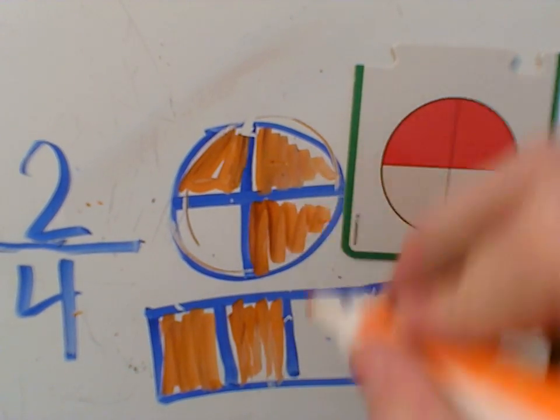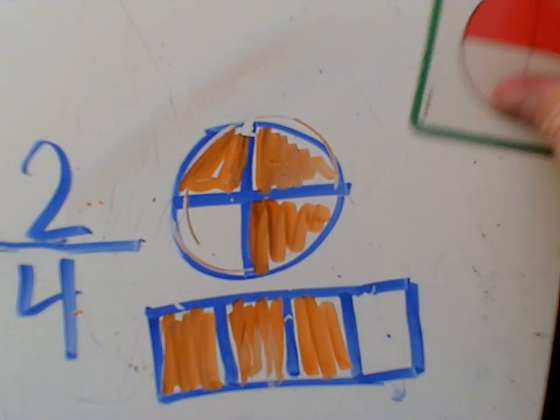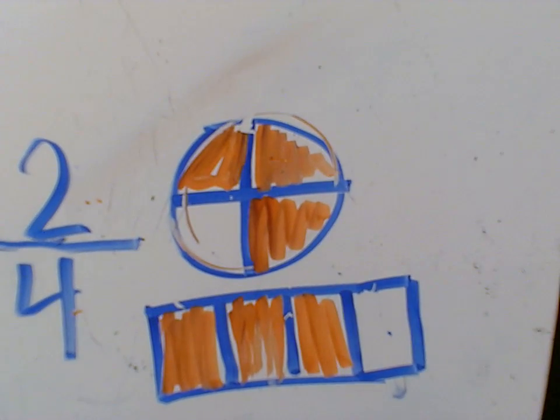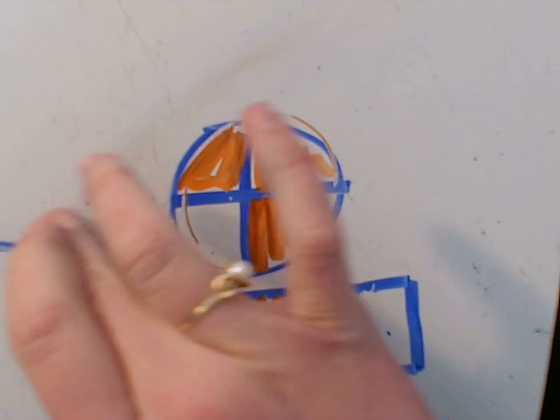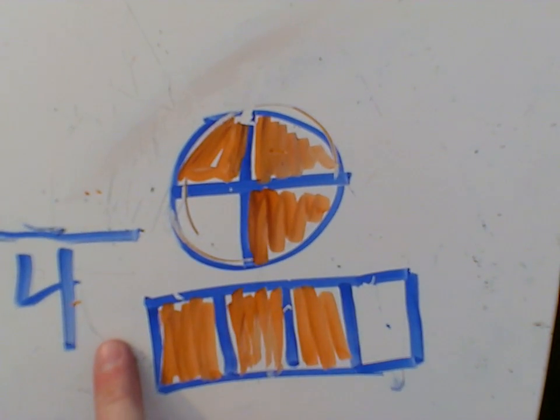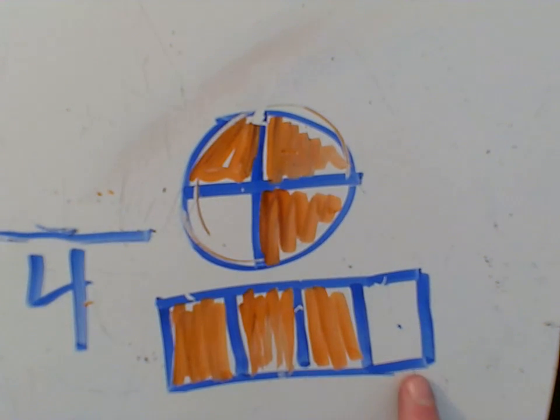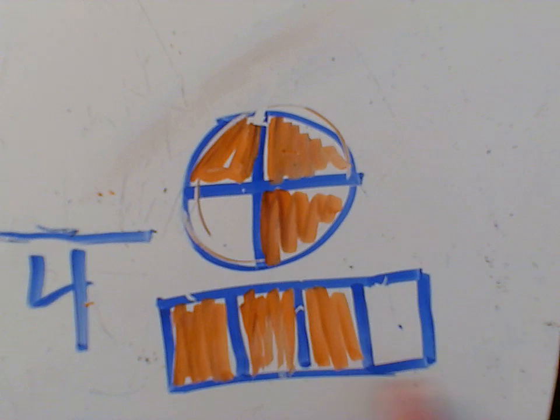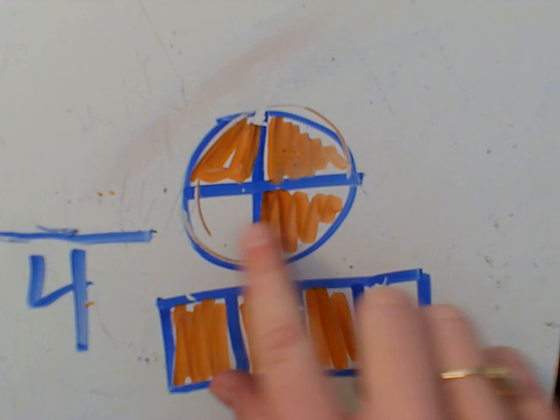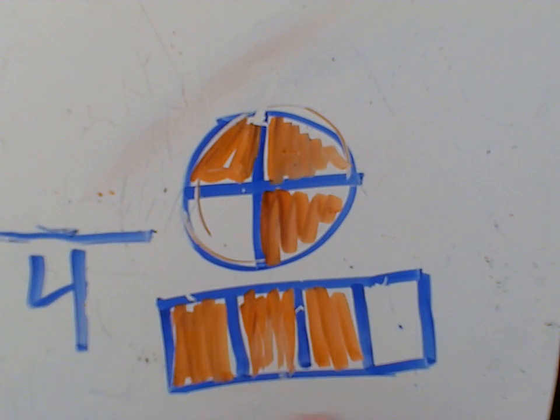What would our fraction be then? Does our denominator change? No, that shows the number of equal parts that we have all together. 1, 2, 3, 4. Okay, that doesn't change.